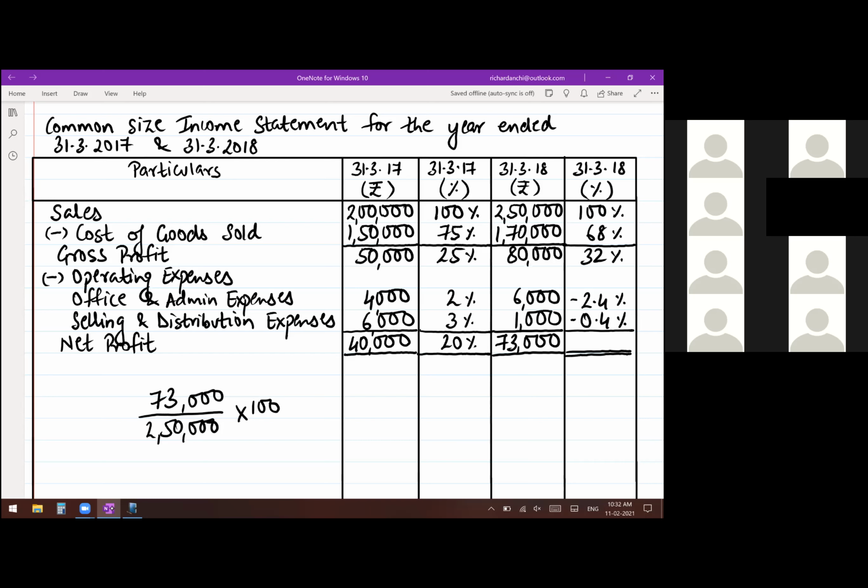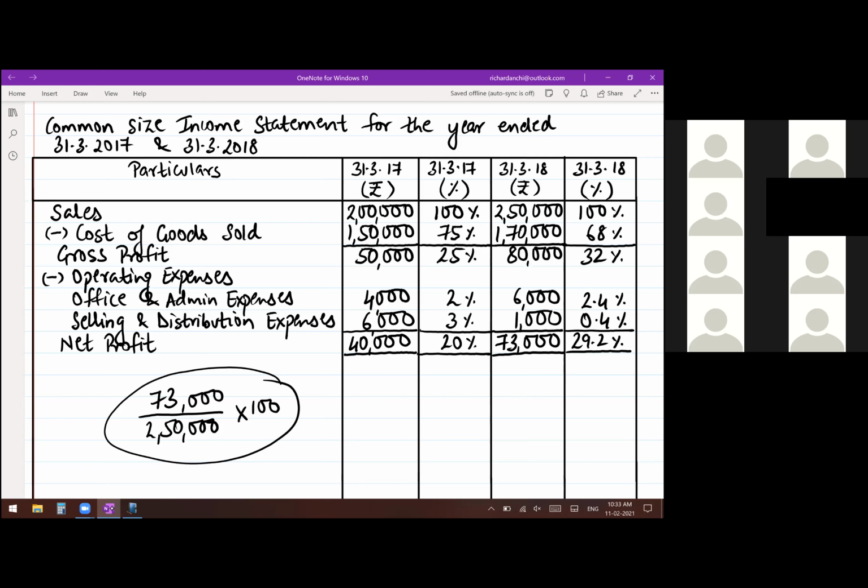How much is that? 29.2%. Both ways you will get the same answer. Either you do this calculation or from 32, you subtract both those figures, 2.4 and 0.4, and you get 29.2%.